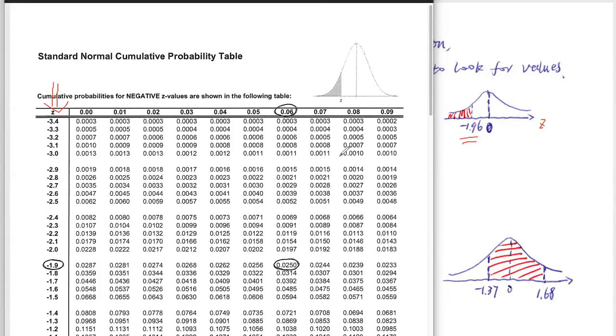Now we are looking for negative 1.96, right? We have negative 1.9 here. Everybody, very important. Where do we get the 6? We only have negative 1.9 here. This is the tricky part. So how do we get that 6? We can read this, everybody. Negative 1.9, this column here is for 0.